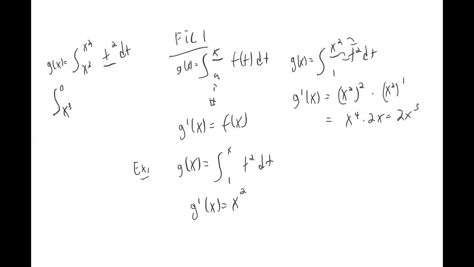If this thing was like 1 over t squared, choose like 1, because you can't plug 0 into 1 over t squared, since you'd be dividing by 0. But in this case, just pick 0, might as well. The integral from x cubed to 0 of t squared dt plus the integral from 0 to x squared of t squared dt. So this is g of x.